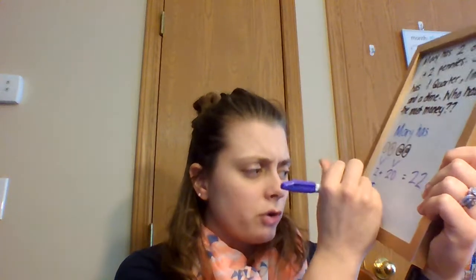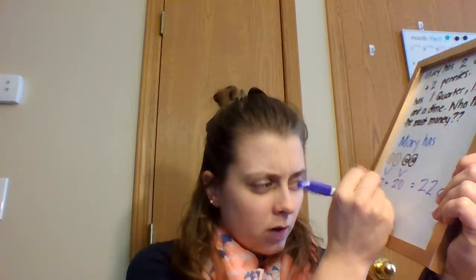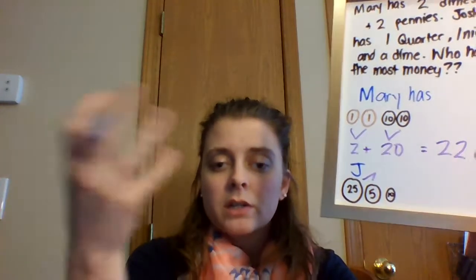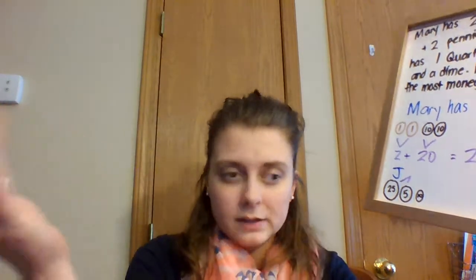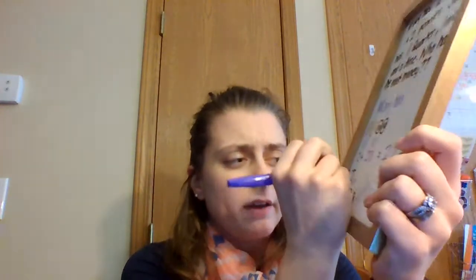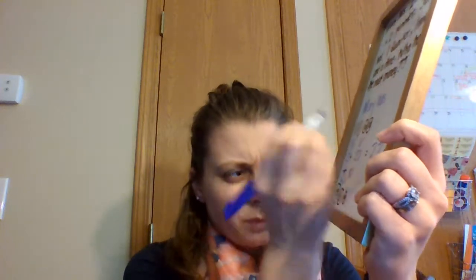I am going to group the 25 and 5 because we can count by 5s to just figure out what number comes next. 5, 10, 15, 20, 25, 30. So 25 plus 5 is 30.